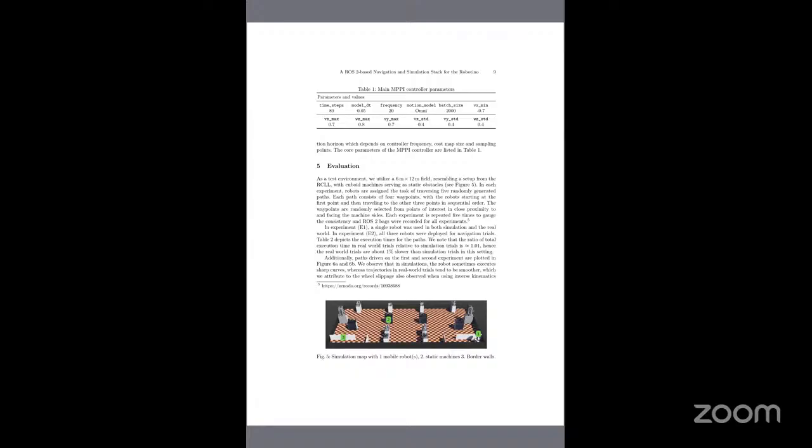The environment has border walls, static machines, and mobile Robotinos. These machines we have treated as obstacles. The task of the robot: they gave 5 random paths. Every path has 4 waypoints: start, waypoint 1, 2, and 3. So the robot should reach these 4 waypoints in this order.